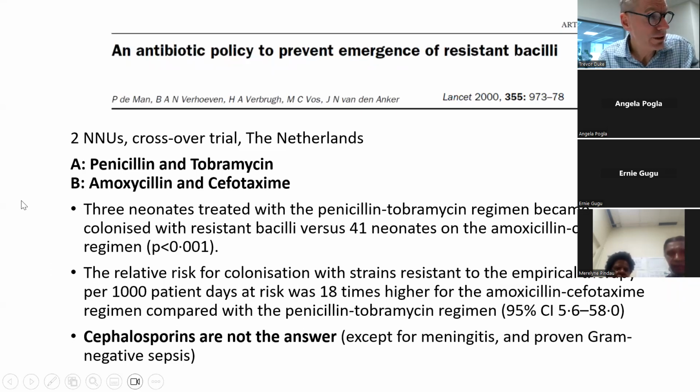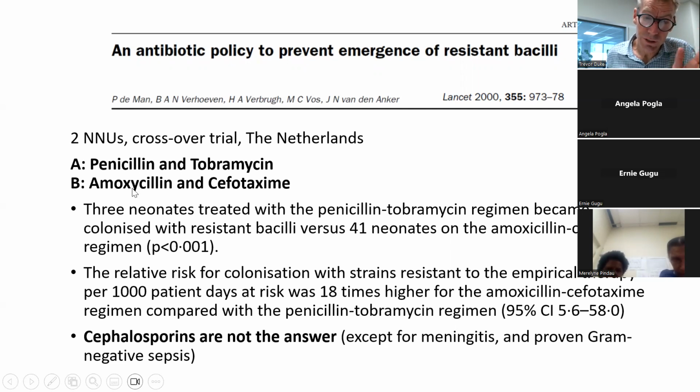I want to show a couple of examples of how we can limit antibiotic resistance. These are studies from hospitals where they tried to limit the use of higher powered antibiotics, particularly third generation cephalosporins. Standard treatment in these hospitals was penicillin and tobramycin, which is a bit like penicillin and gentamicin.